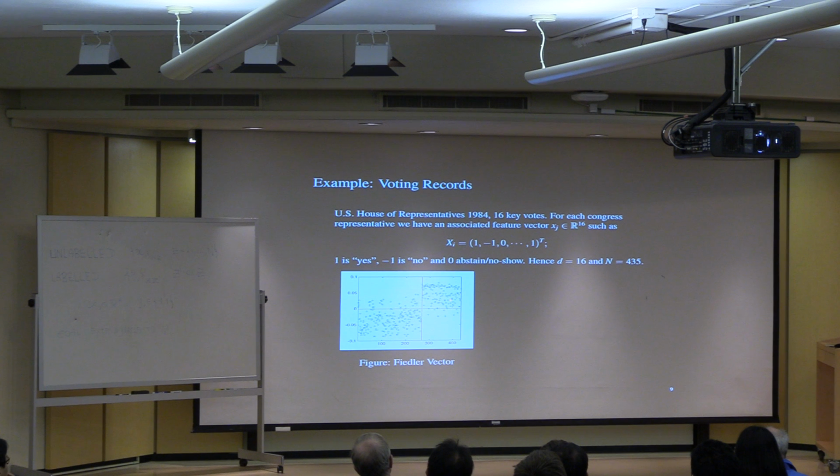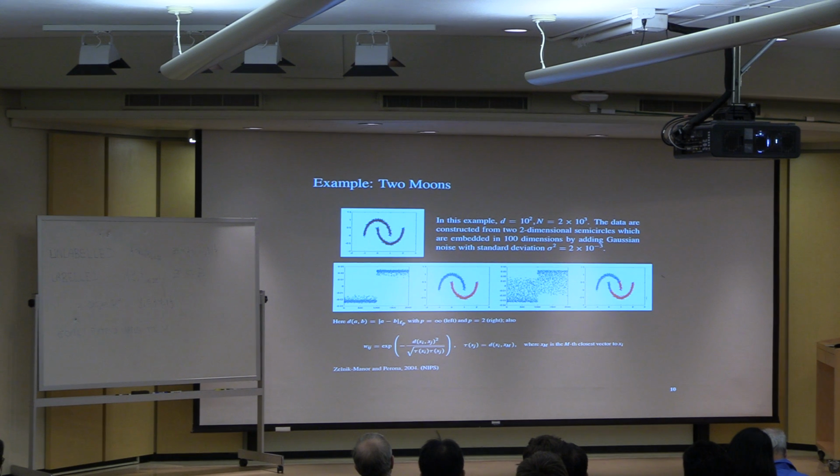If I look at the sign of this vector, I would get most of the Democrats clustered here and most of the Republicans clustered here. So already this vector clusters. Okay? There's a lot more information in the Laplacian, and we will use it as we go on. But that's just to give you an idea that the leading eigenfunction has clustering information in it.